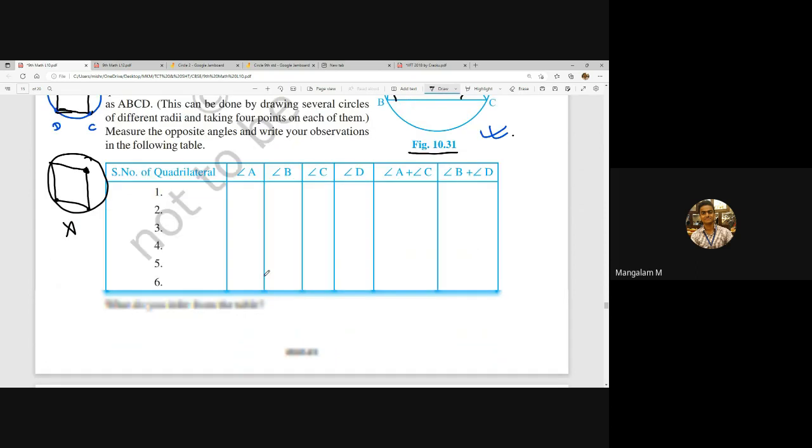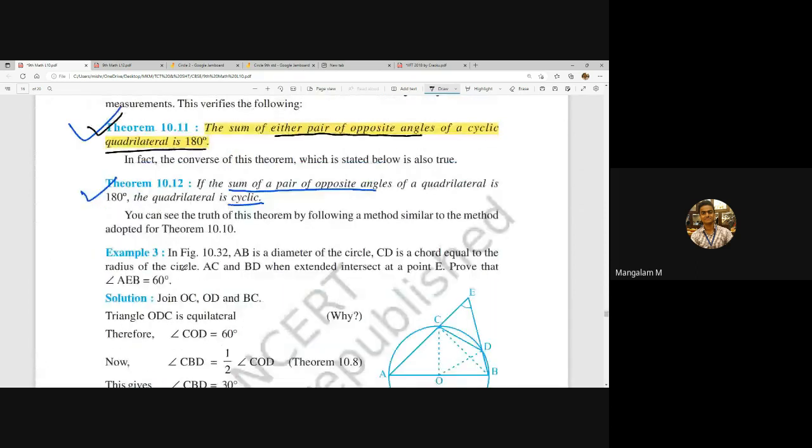So now let us move on. Theorem 10.12 says that if the sum of opposite angles of a quadrilateral is 180 degrees, then it is cyclic. Let's say this is a circle and there is a quadrilateral inside the circle, or you can say a cyclic quadrilateral PQRS.